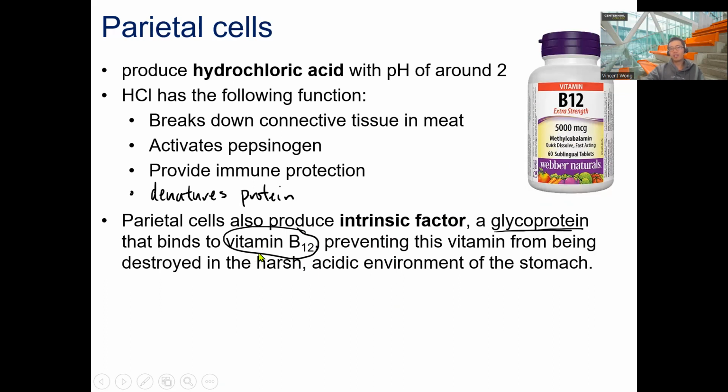But if the reason that they are not getting enough B12 is the lack of intrinsic factor, then taking it orally is not really going to help, because a majority of it will still get broken down by the stomach acid, right? So people who have a missing intrinsic factor would have to receive their B12 through shots, like injections, because that would bypass the stomach and go directly into the bloodstream.